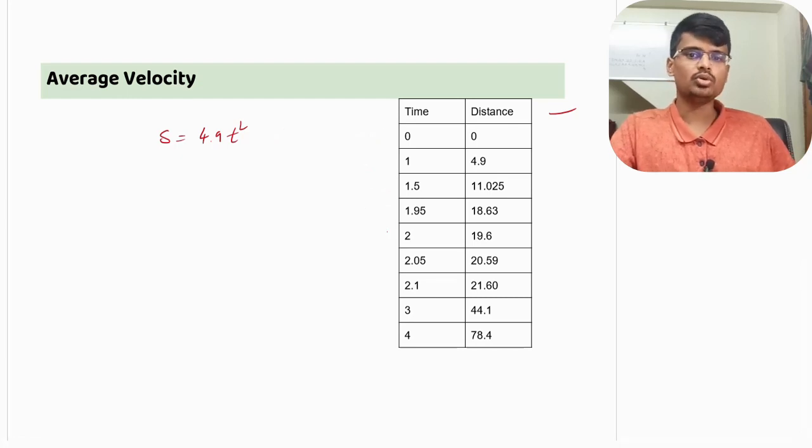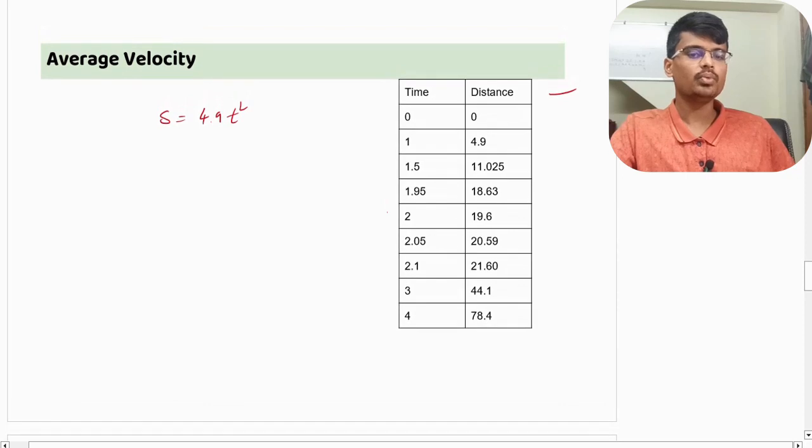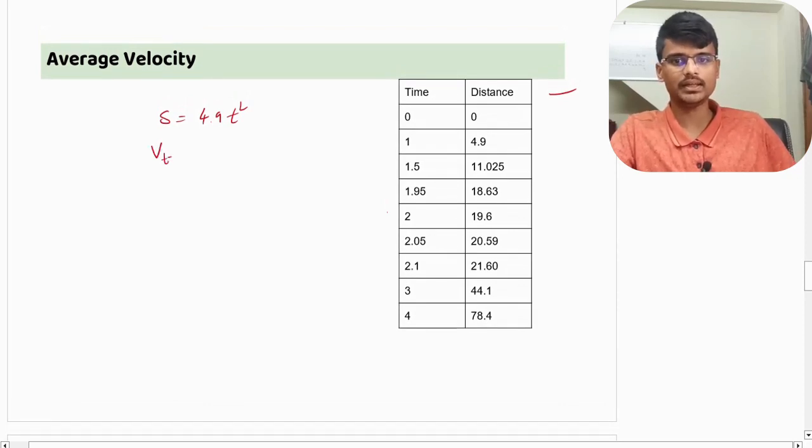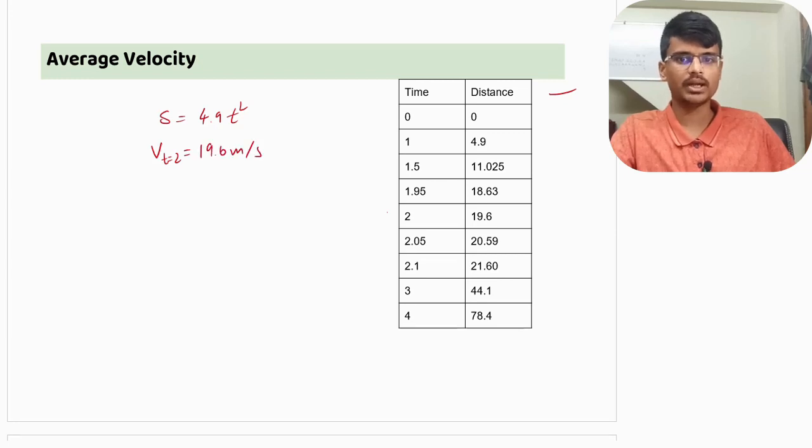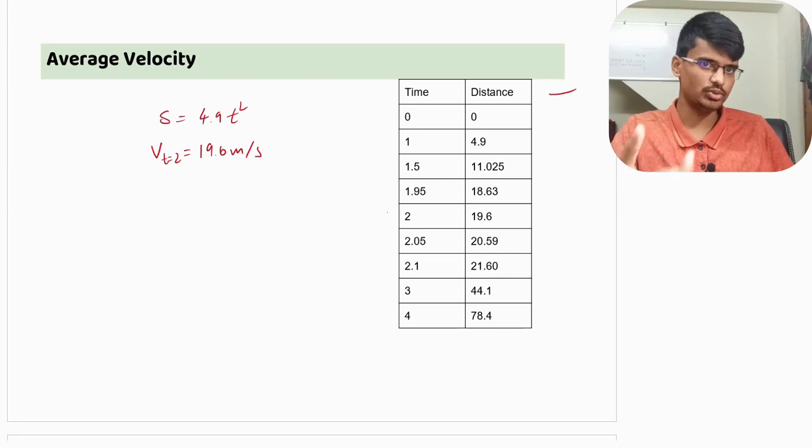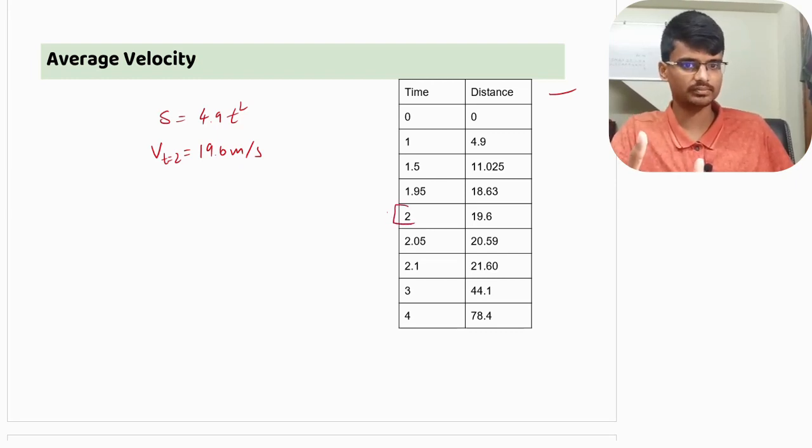So we found out the velocity at a time t equal to 2 seconds is 19.6 using the formula. But using a derivative approach, we'll be trying to find out the velocity at time t equal to 2 seconds.